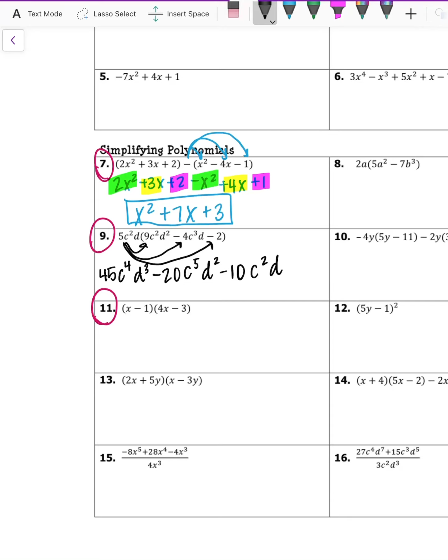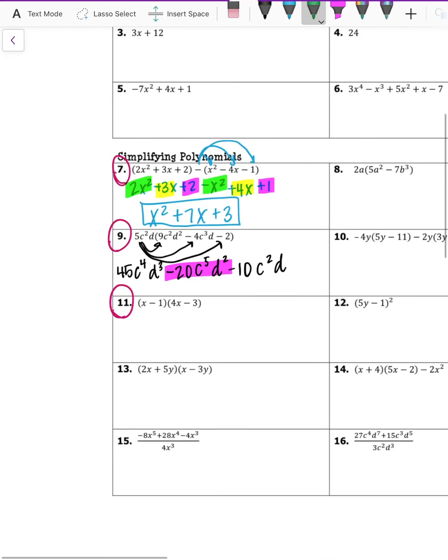So, you could do a couple things here. If you wanted to rearrange and put this in standard form, that negative 20c to the 5th would actually go first because it has the largest exponent attached to that c. So if you wanted to rewrite it, I can do that out here to the side. I would change this to negative 20c to the 5th d squared.